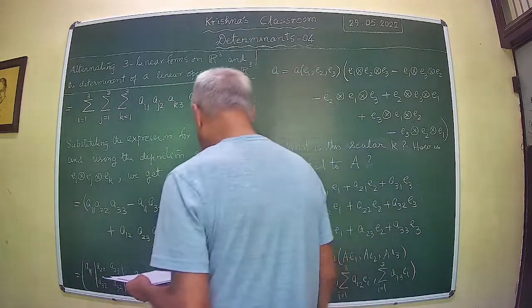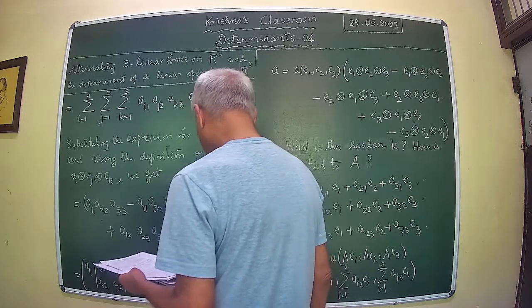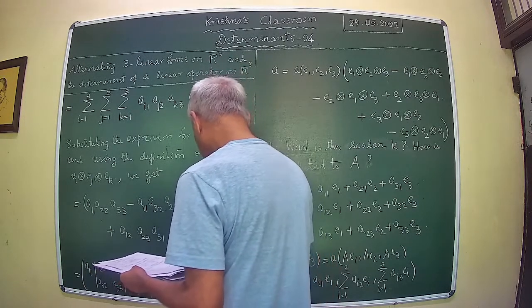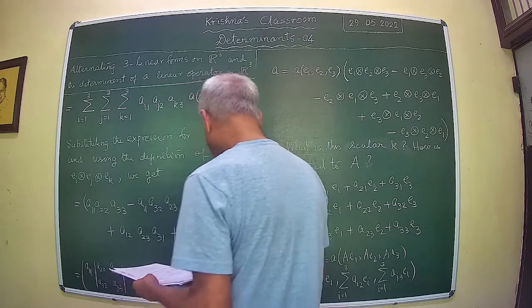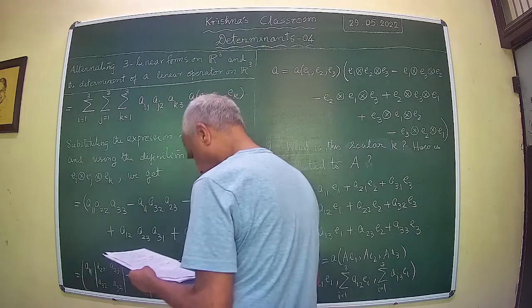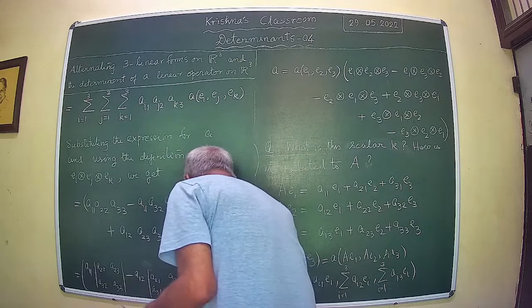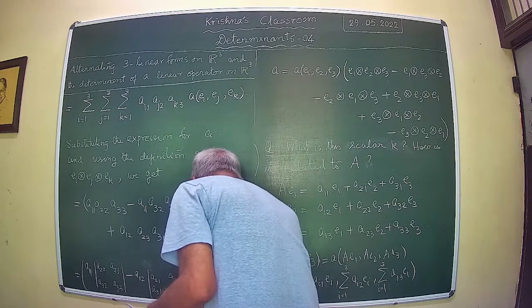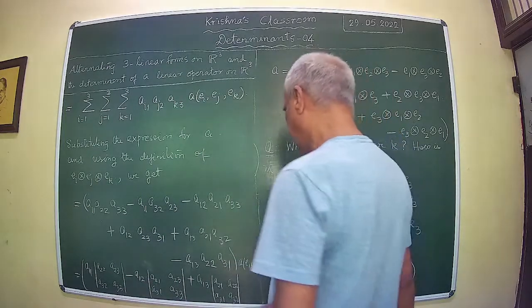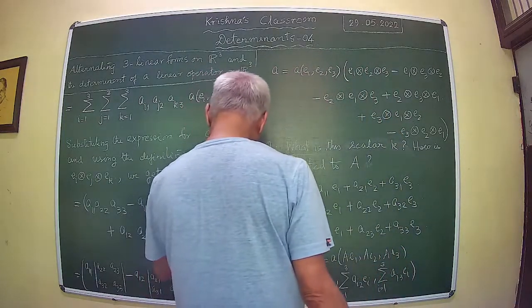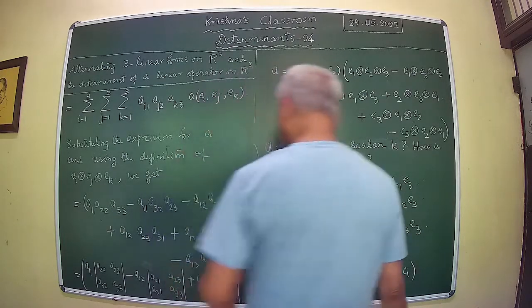So A13, A21 into A21, A32 minus A31, A22, right.